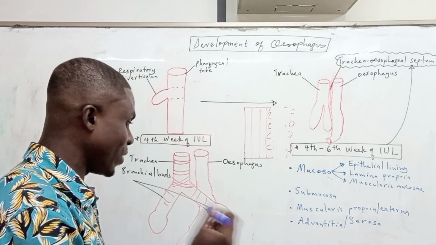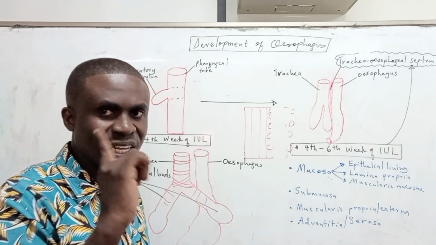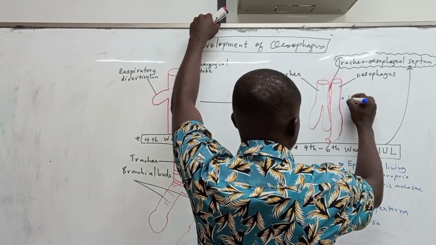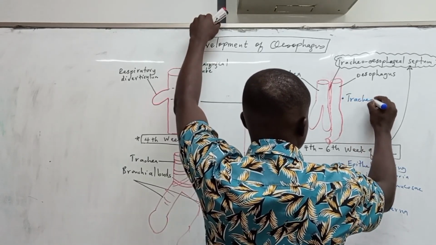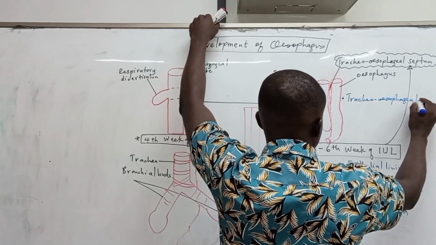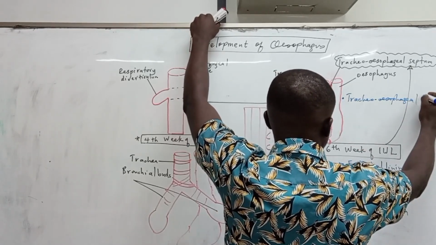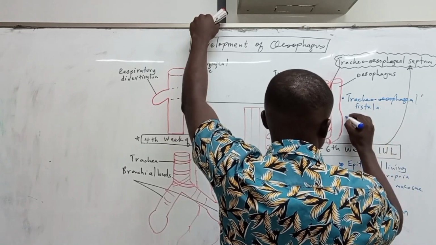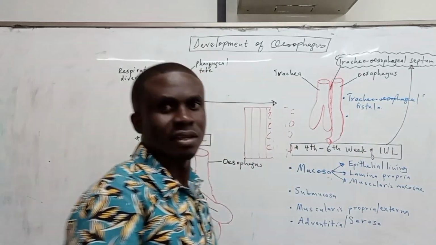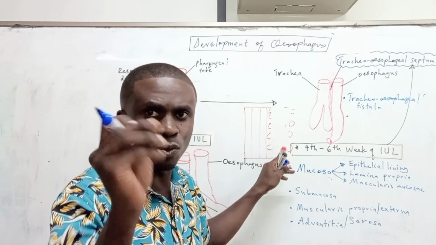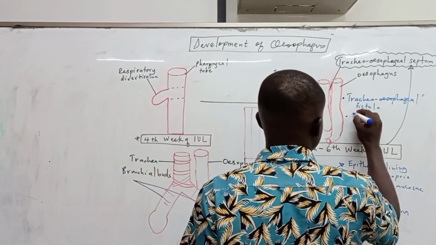Now, the first anomaly that I mentioned to you was the tracheoesophageal fistula. And this time around, I'm talking about failure of the recanalization. That one will lead to oesophageal atresia.